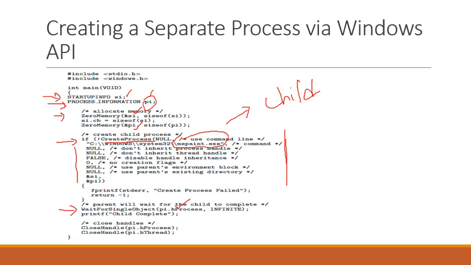Through this system call, the parent process is going to wait for the termination of the child process, and once the child has finished its execution, the parent can resume its execution by printing the message child complete. After this, the handle for the process as well as for the thread will be closed.